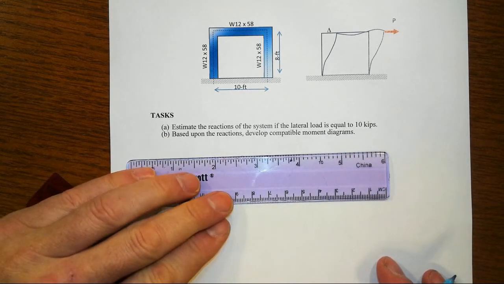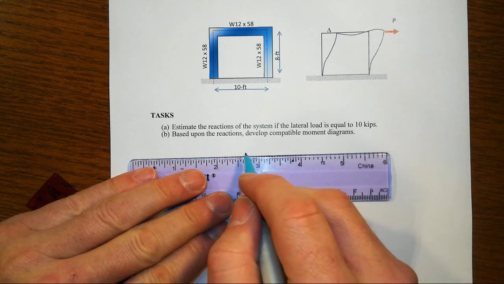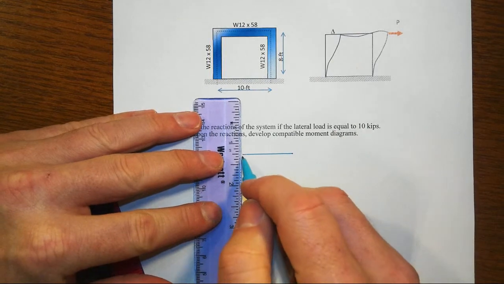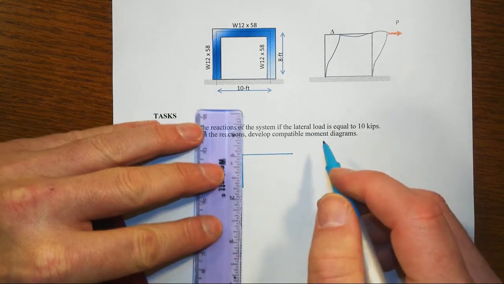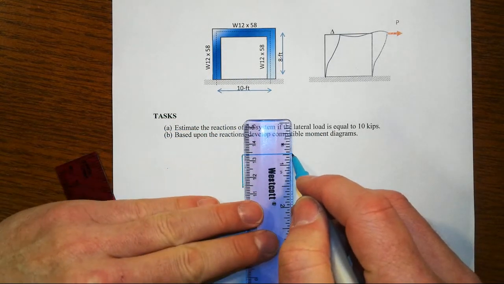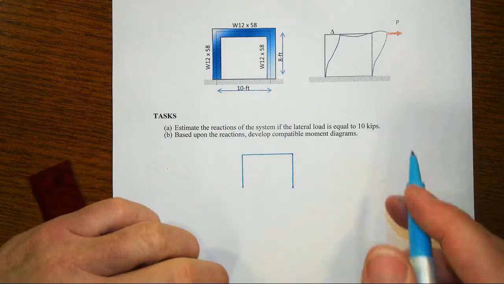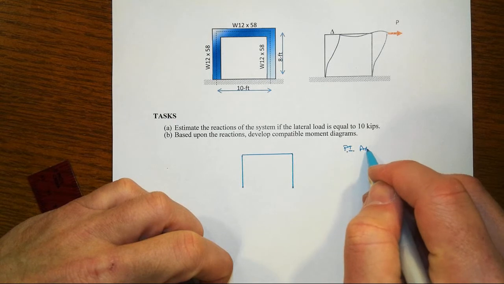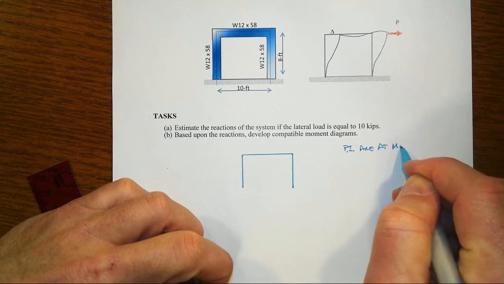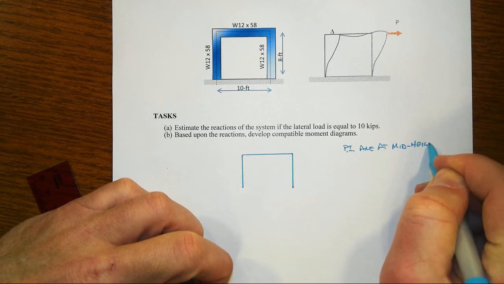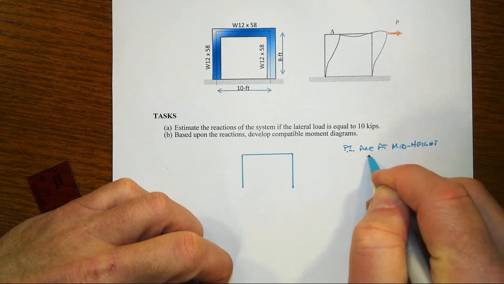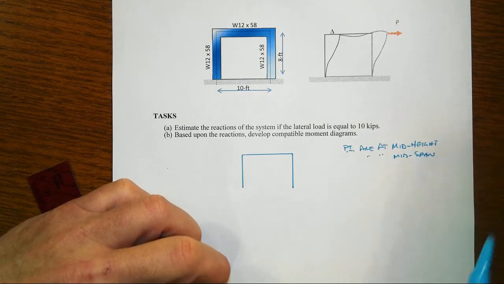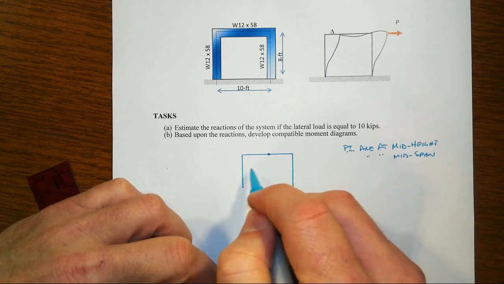But usually what we're going to do is make guesses about the inflection point locations in the columns and potentially also in the beams. Right? So if we guess that the points of inflection are at the mid-height of the columns and at mid-span of the beams, look what we end up developing here.